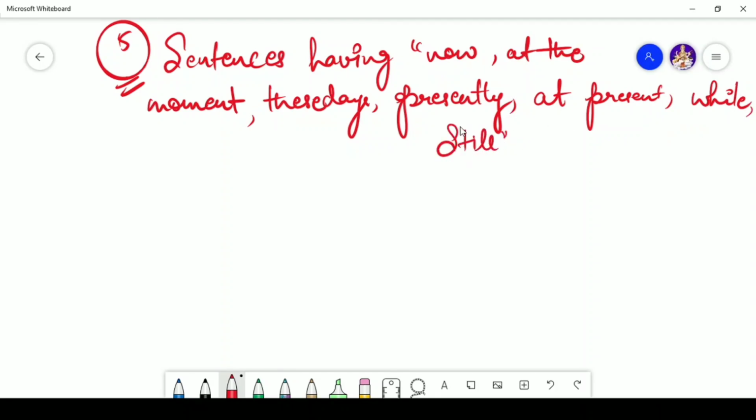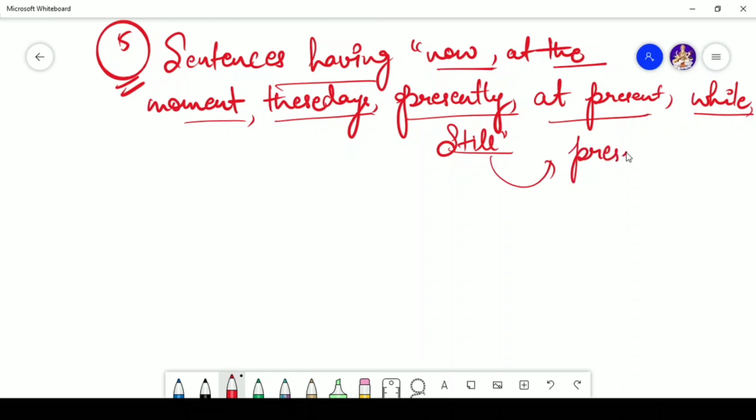Sorry. Now the sentences which are having now, at the moment, these days, presently, at present, while or still, all these sentences make use of present continuous tense.